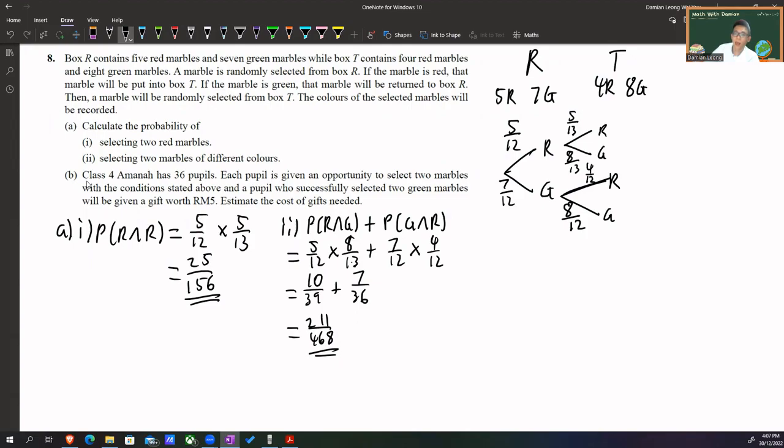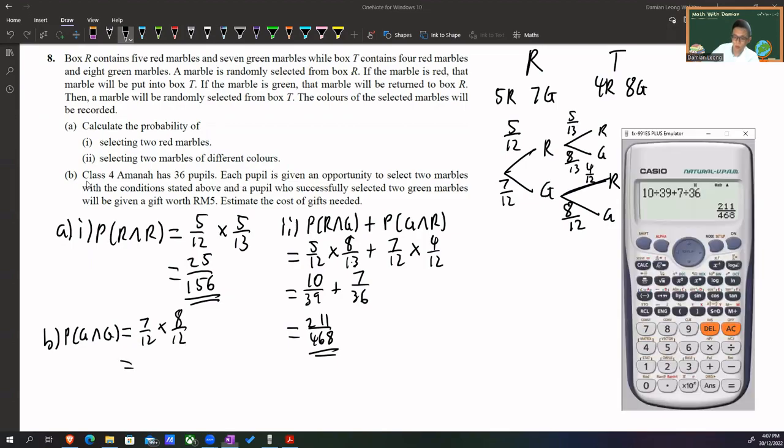So means how many 5 ringgit worth of gift will be needed out of the 36 people. So I want to consider the probability of getting 2 green marbles first. Okay. So probability green and then green will be 7 over 12 times 8 over 12, which is 7 over 18.